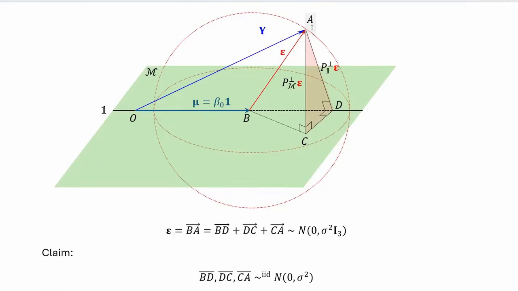So AC squared is the minimized residual sum of squares for the model in which there is a trend. And AD squared is the residual sum of squares in which we do not allow any trend in our least square model. The length CD squared is the improvement in the least square estimation by allowing a trend.